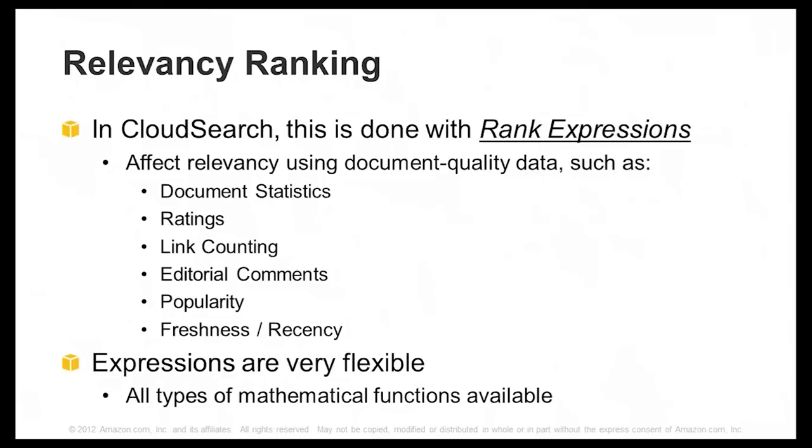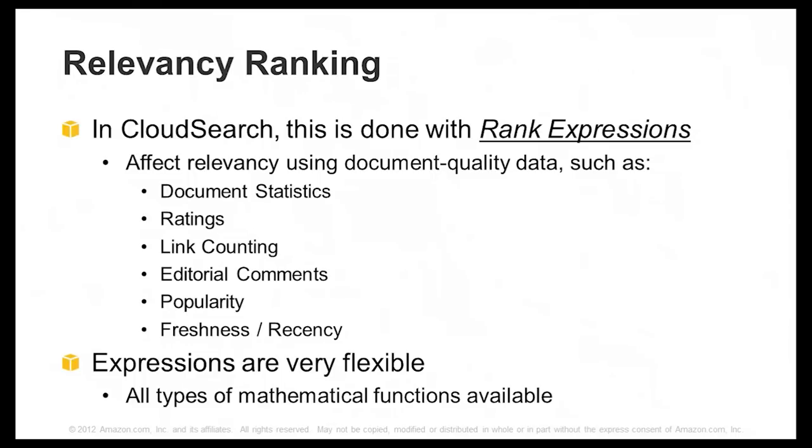Now, relevancy ranking. Gosh, I could spend hours on this, but I won't. In CloudSearch, this is done with rank expressions. Rank expressions is a way of doing relevancy ranking that emphasizes document quality. That is, if you have any sorts of statistics which identify high-quality documents over low-quality documents, then rank expressions are going to be perfect for that.